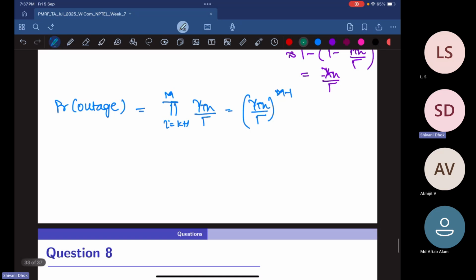So what we were asked is, how does this outage probability scale with the SNR? What we are seeing is the outage probability is inversely proportional to gamma to the power M minus k.